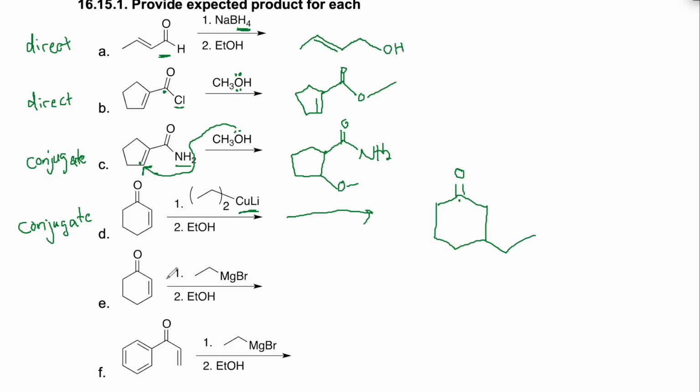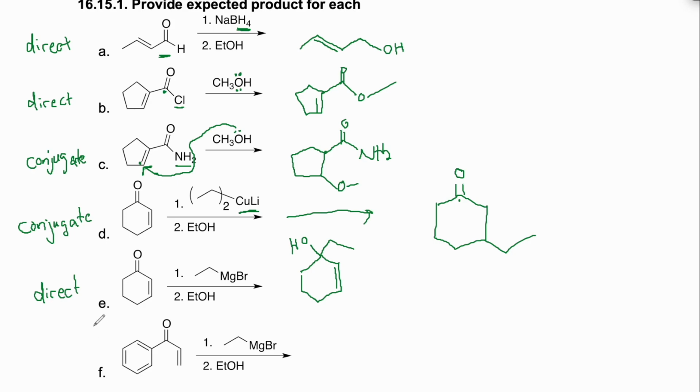For a Grignard, we are more likely to get a direct addition. And so that ethyl group is going to add to the carbonyl carbon instead. So the alkene is going to stay there, and the two new carbons are going to be attached to the carbonyl carbon instead.